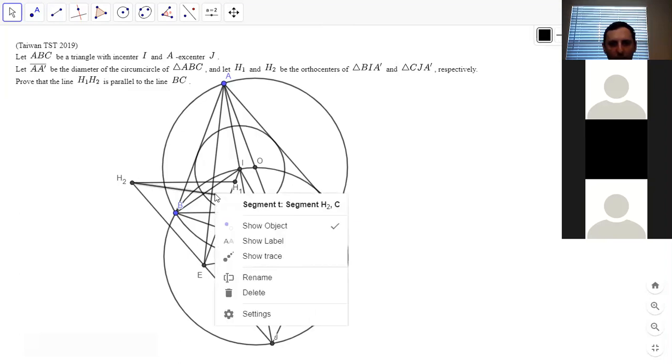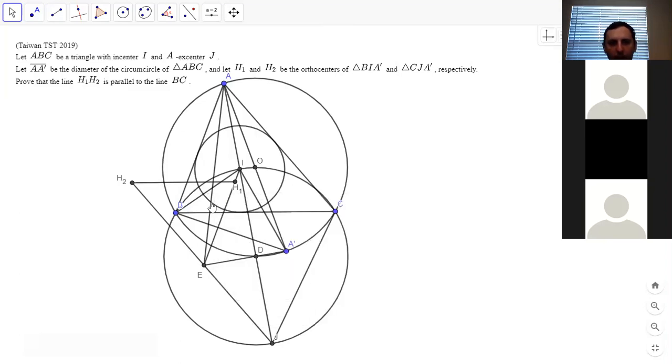But yeah, I'm not sure about using Desargues' theorem here.